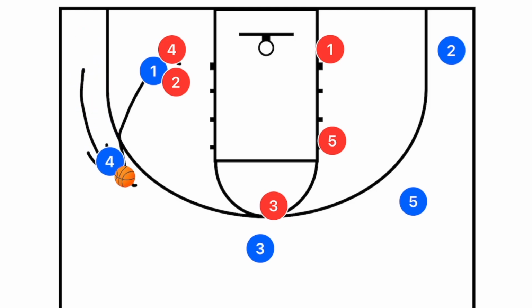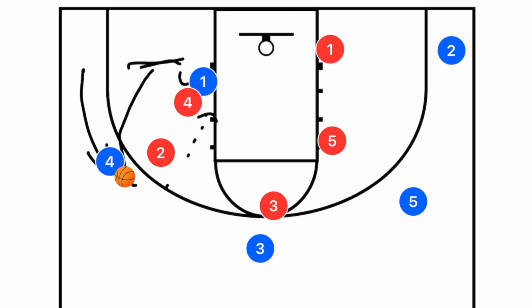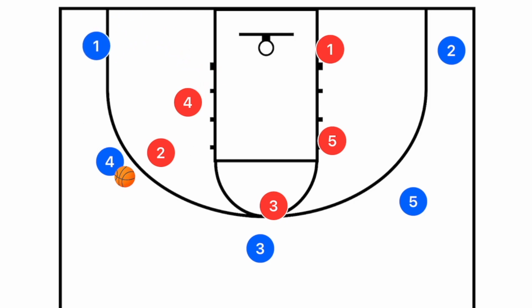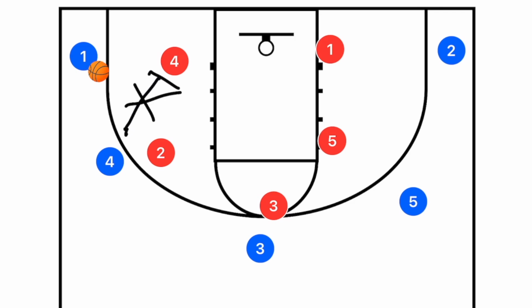Player 4 will use that screen, and now if they switch, again, we'll have player 1 potentially open for that layup. If they've switched in, of course, now there's that mismatch, you could potentially have player 1 get that ball back, and instead of having a screen for player 4, we will have player 4 screen away.